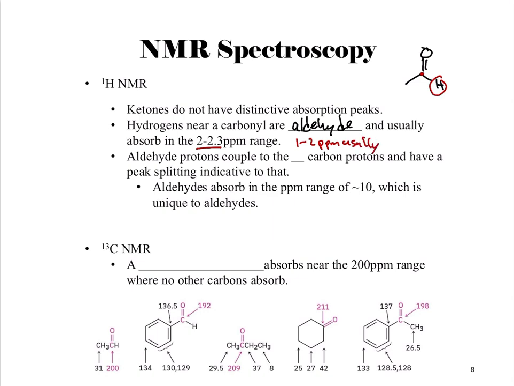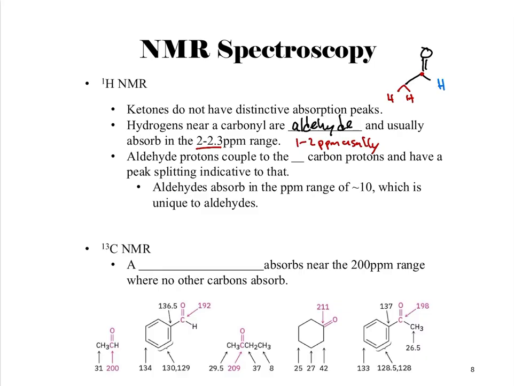So if you see a peak, and this is just going to be a single peak there, this is actually the alpha carbon protons that are here, which is why I compared it to the CH2 values. Those are going to be absorbing in the 2 to 2.3 ppm range, right?